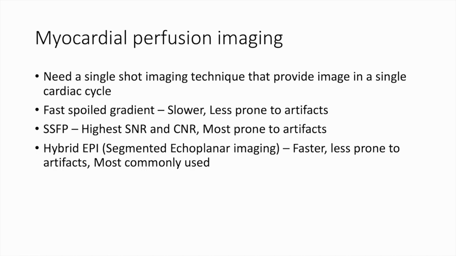The myocardial perfusion imaging is done using a fast dynamic sequence. It needs a single shot technique that can provide an image in a single cardiac cycle. There are three types of sequences that can be used for this purpose. The first is the fast spoil gradient echo sequence, which is the slowest among the three but is less prone to artifacts.